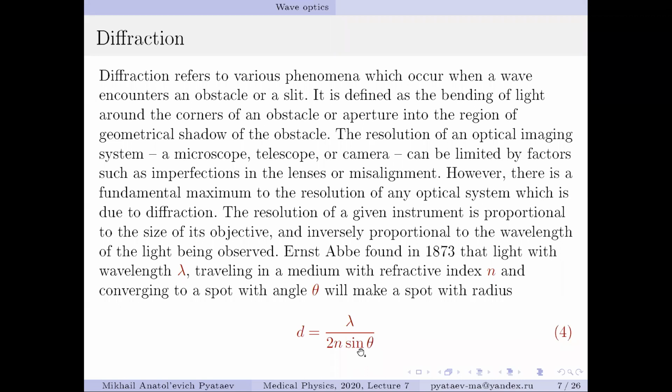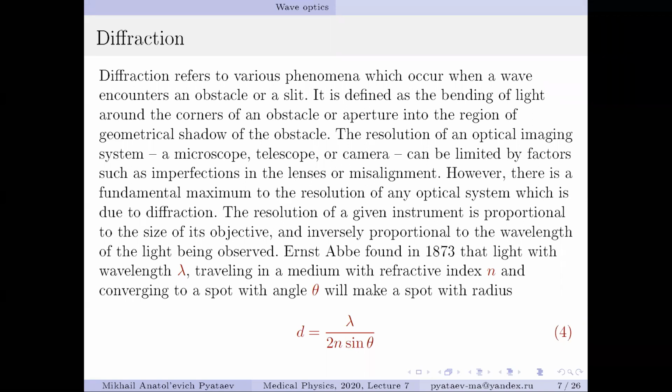So if we remove sine from here and replace it with 1, we can see that the minimal distance is equal to lambda divided by 2n. And to decrease d, which means higher resolution, we need to decrease lambda or to increase n.